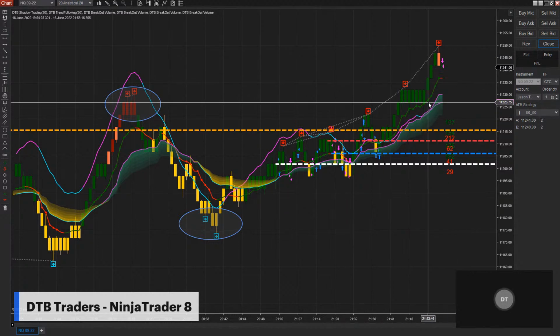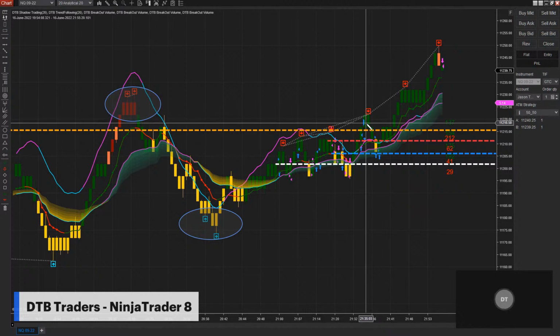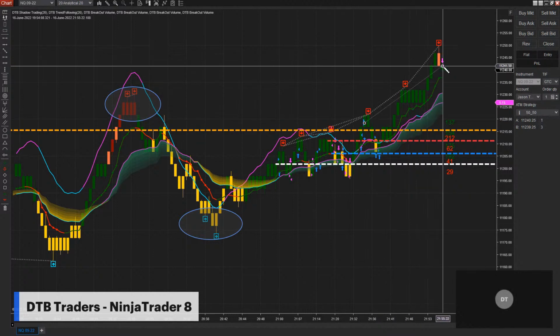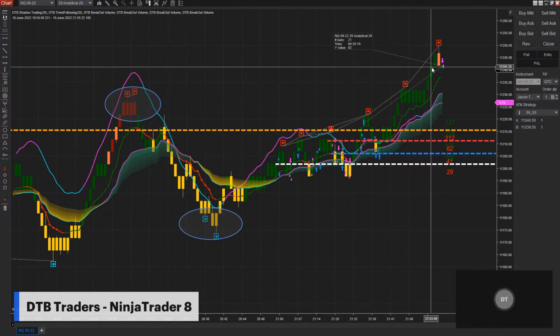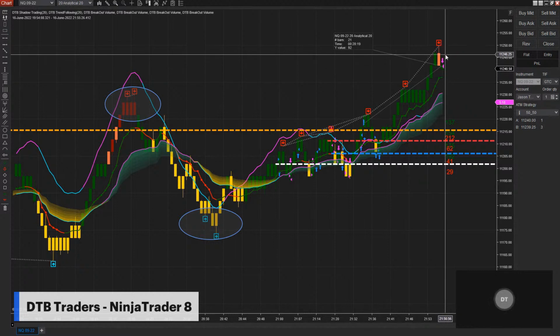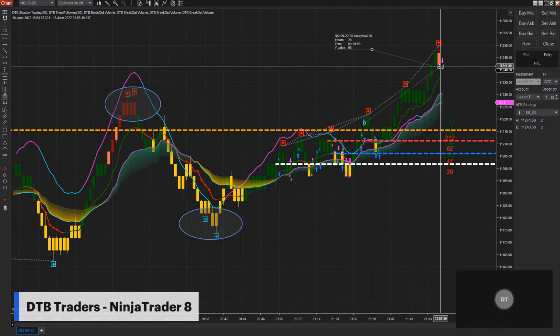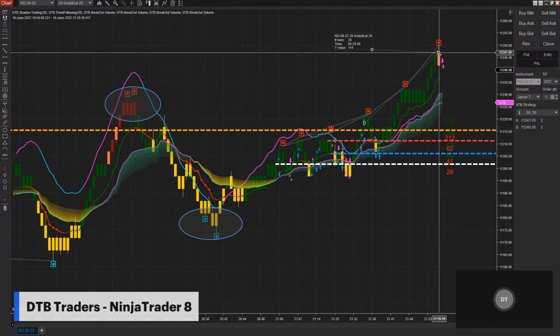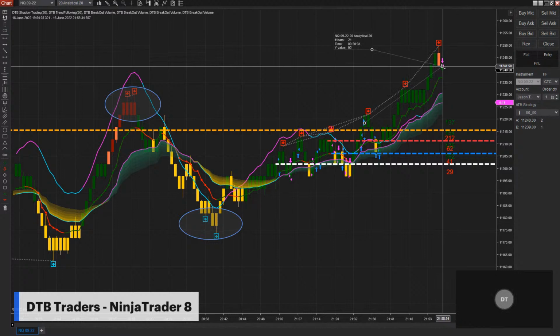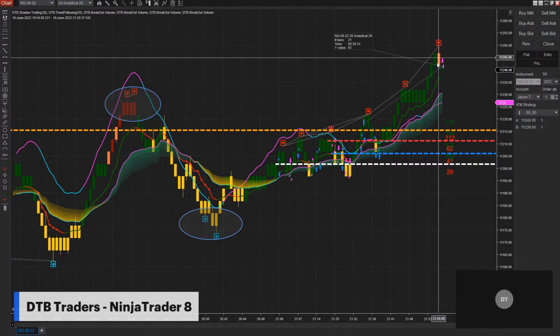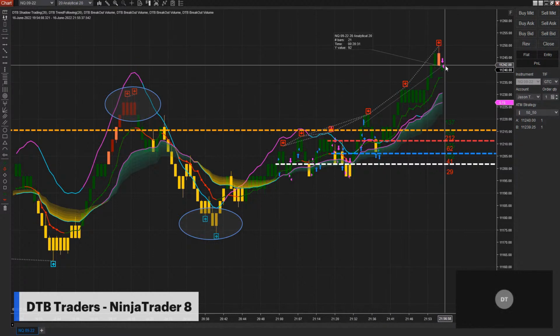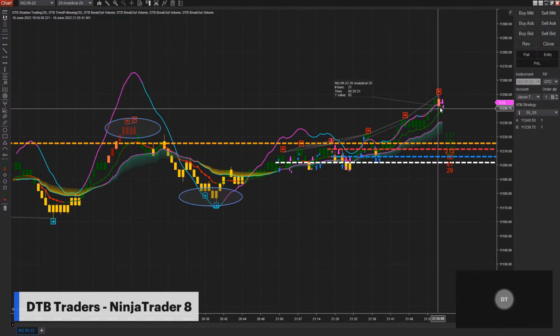So we had a good little run there. If I look at my entries, so there's my entries, and we had a 92 tick move. Okay, could have been a little bit more. I could have exited as that bar was changing color, which would have pushed it a little bit higher, to like 110. But 90 ticks, this could be a small little turnaround, and then it could run up another 200 ticks.